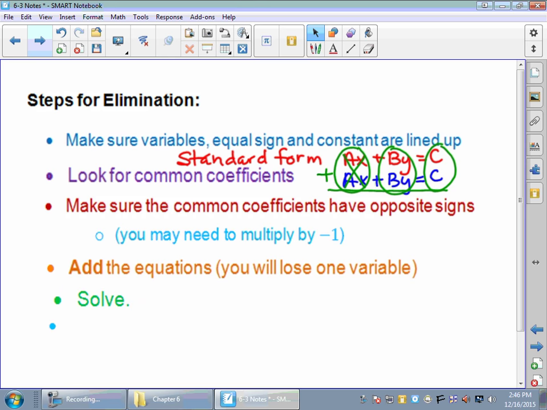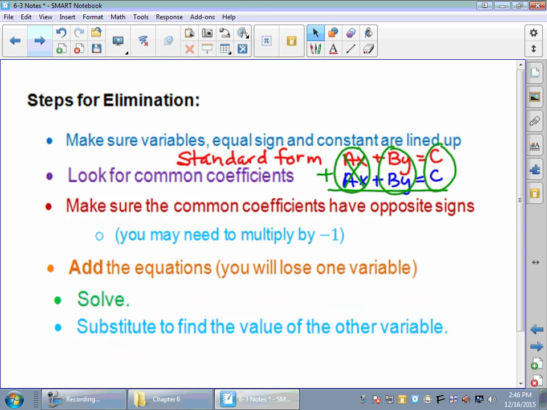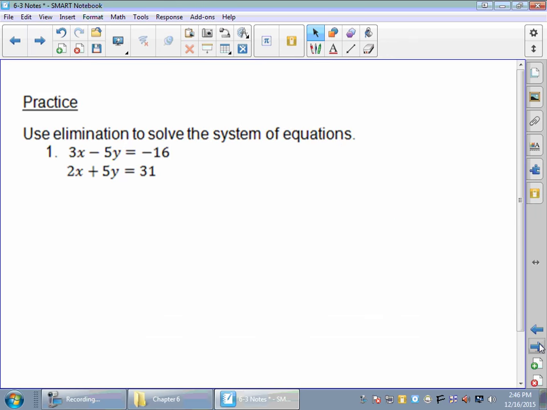You're going to solve for the variable that's remaining, and then once you get that variable, you're going to plug it back in, use substitution to find the other. So you're going to add them together. One variable will go away. It'll eliminate, solve for the remaining variable, and then plug that number into one of the original equations to find the other variable. So let's go ahead and try it.